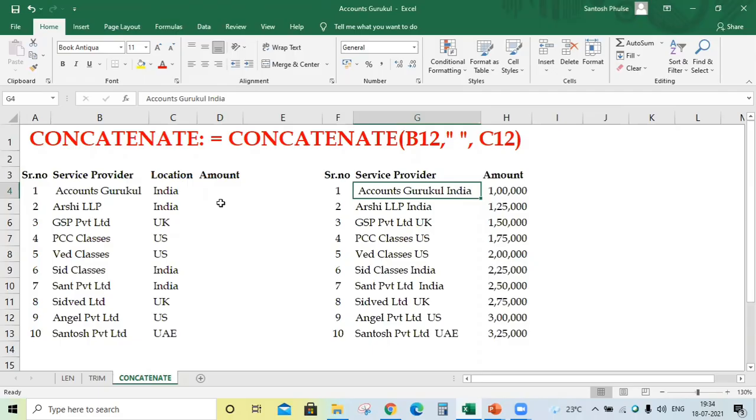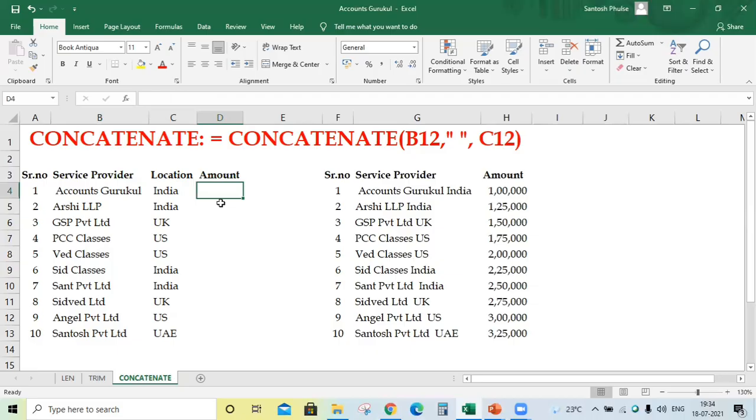So this service provider is combined with the locations, and in the other data we have the service provider is different and location is different, and this is a huge data, and we have to use the VLOOKUP and we have to find out against this service provider how much amount we have paid.